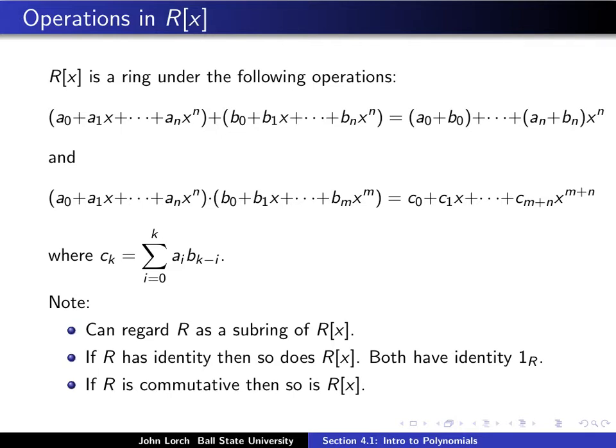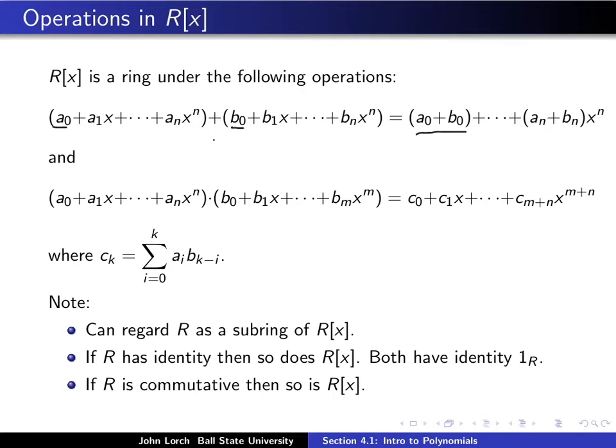So if I have two polynomials, say a0 plus a1x up through an x to the n, and I want to add that to b0 plus b1x up through bn x to the n, essentially what we do is we just add together coefficients of like powers of x. So in my new polynomial that's supposed to be the sum of these two original polynomials, if I want the constant term, I just add together the constant terms of the original polynomials.